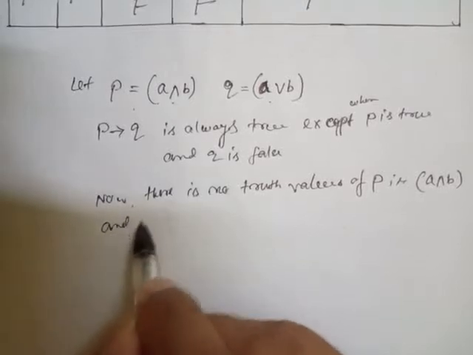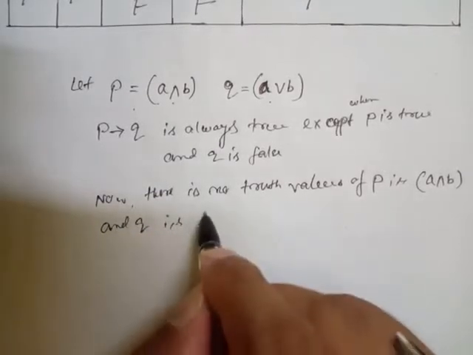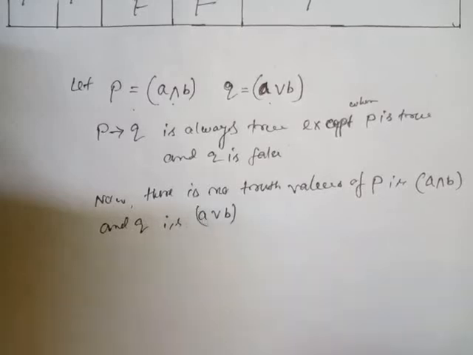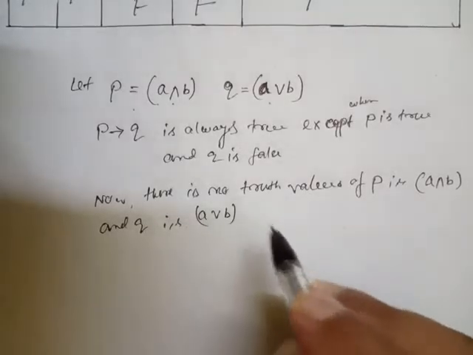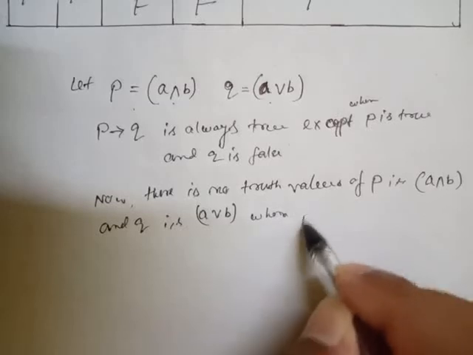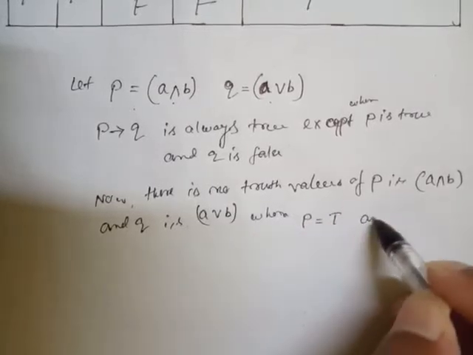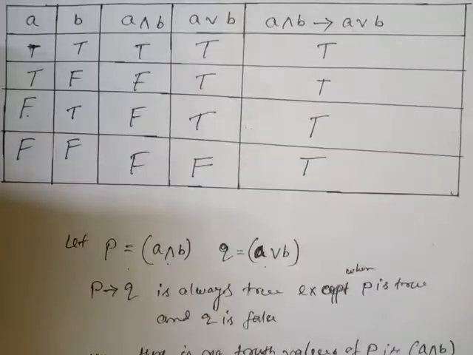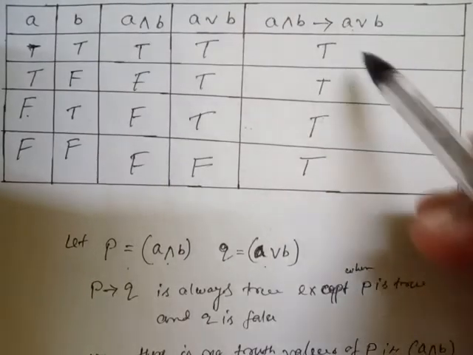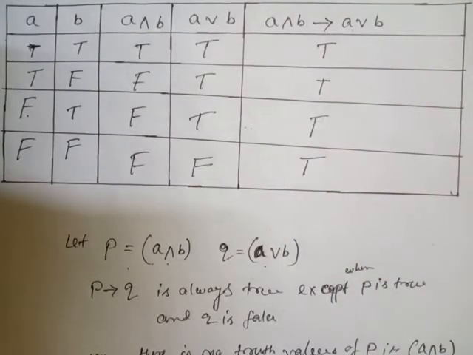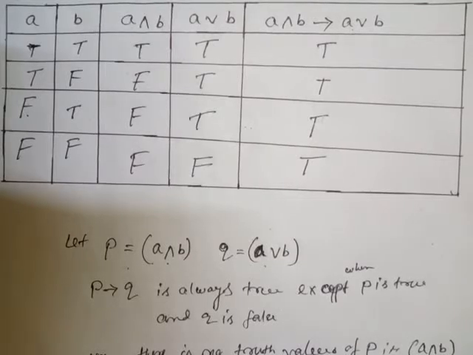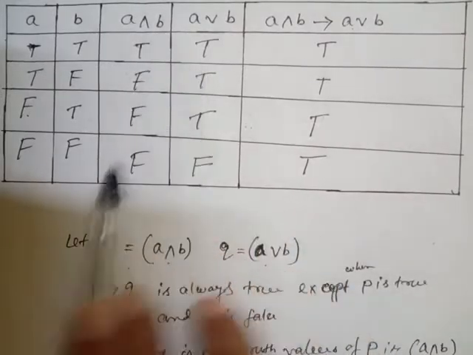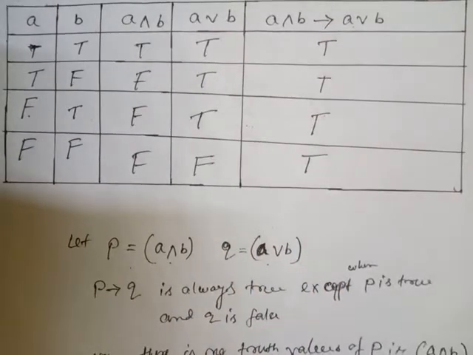We have not found such kind of value. If we find this, then there should be at least one element false, but all are true, so we cannot find such values where P is true and Q is false.